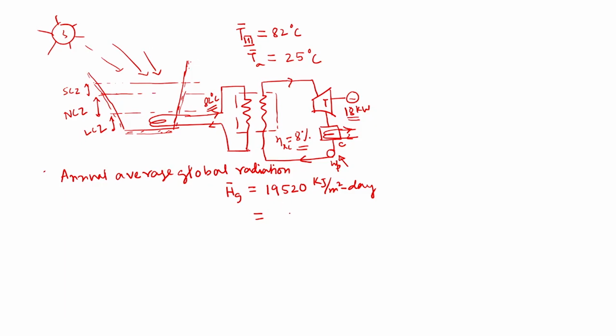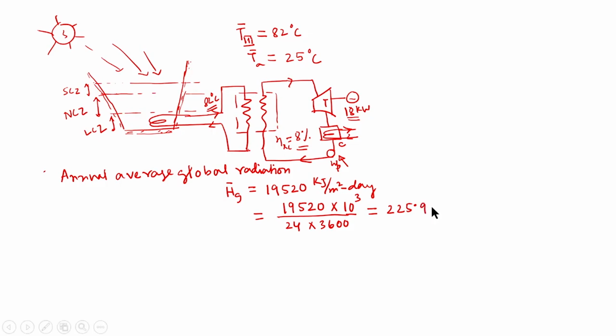watt per meter square. So, if we will do that, then what we need to do? So, 19520 multiplied by 10 cube, it will be joule now, then it is in days. So, it is 24 hours and then 3600. Okay. So, this will give Hg in watt per meter square.